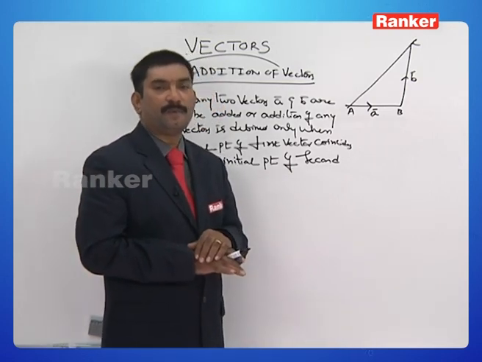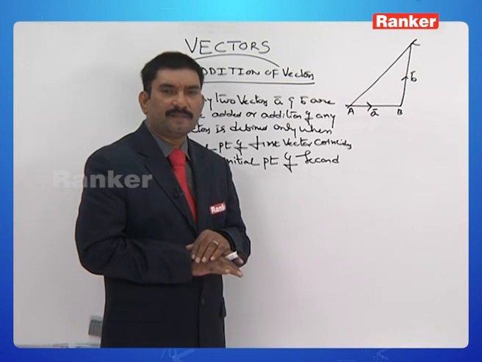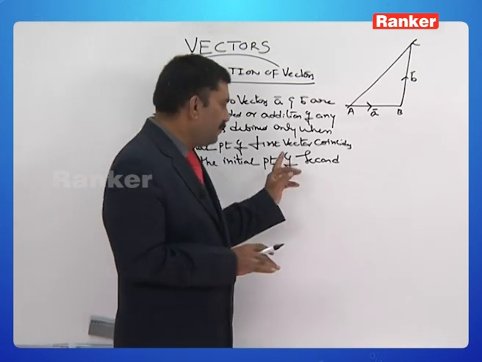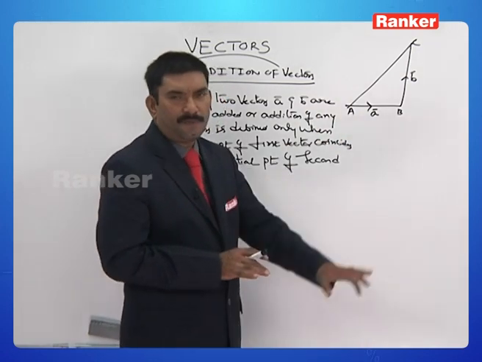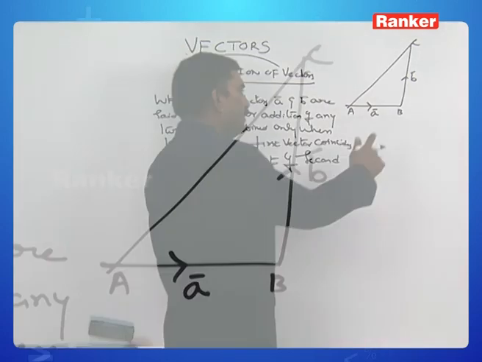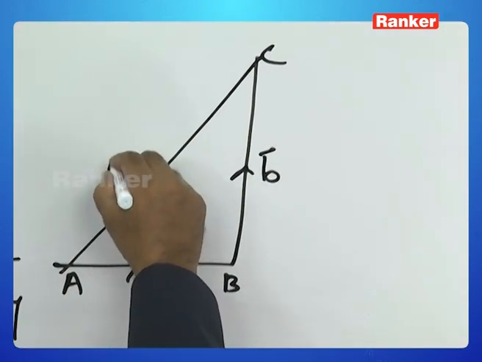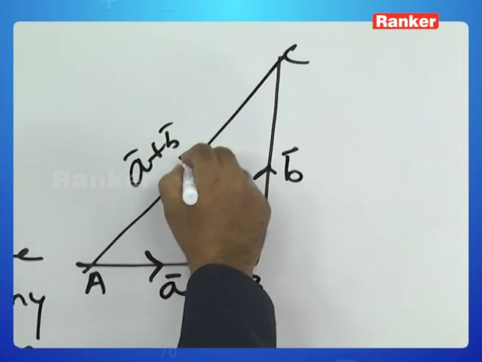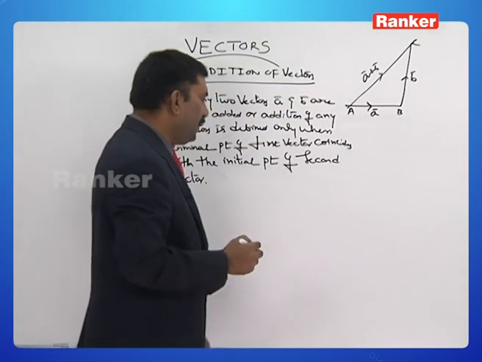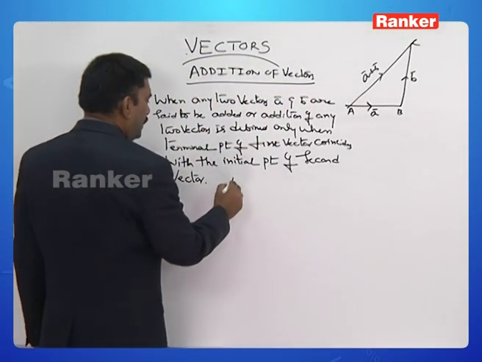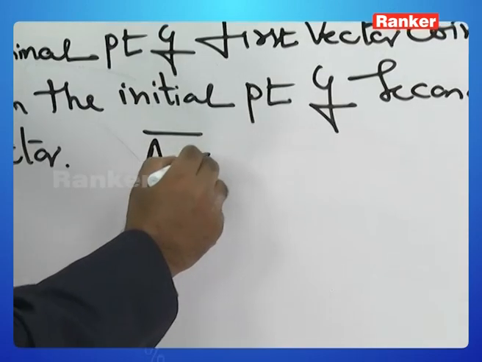The first and foremost thing we have to concentrate on is that the terminal point of the first vector must coincide with the what? Initial point of the second vector. Therefore, this becomes A bar plus B bar. So now, as I told, I can write AC bar from the figure.